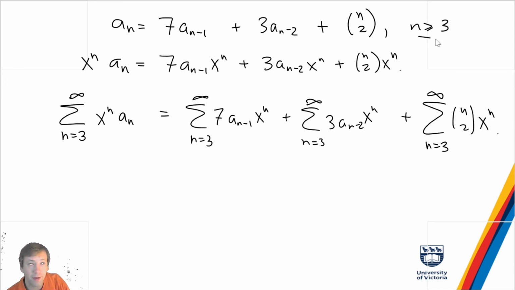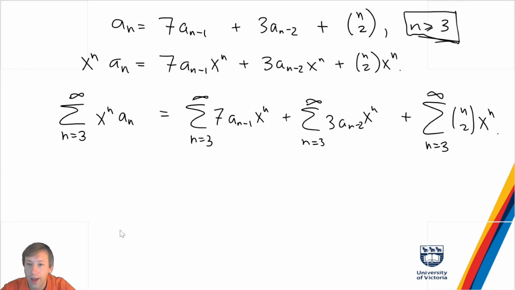Here, where I got the 3 from in the sum is the fact that this equation is valid for n at least 3. So I can write down this equation for every n at least 3, multiply both sides by x to the n, and sum over all the values of n at least 3.